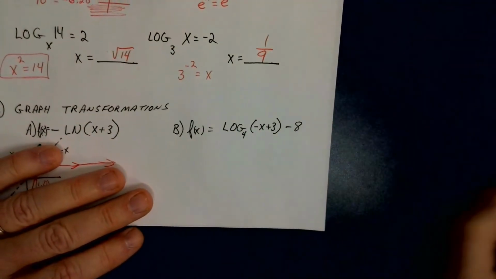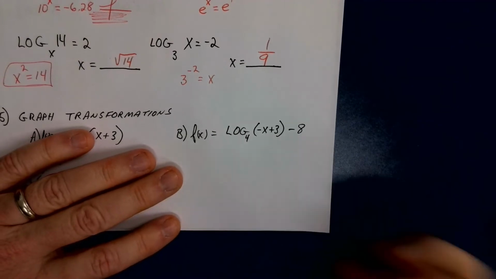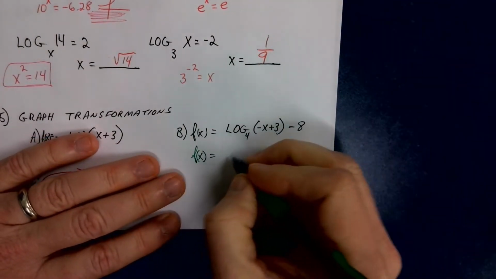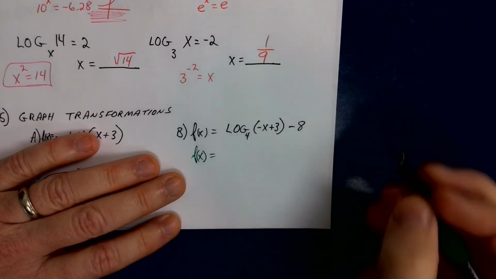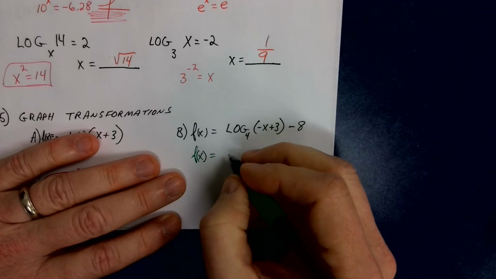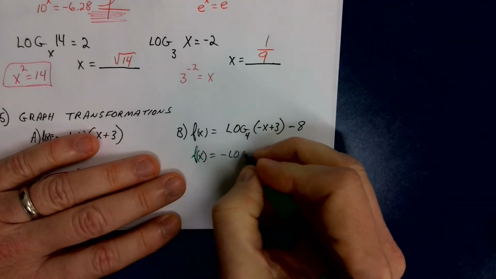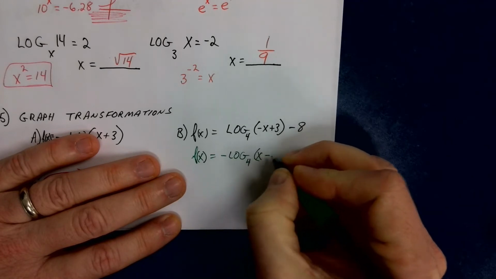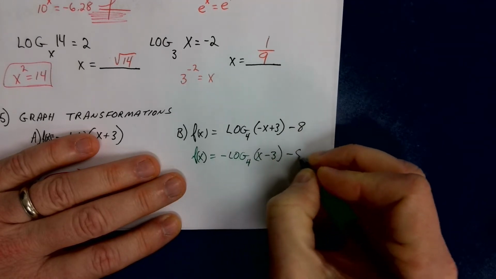Okay, so here's some algebra stuff that you've got to pay attention to. This is really like this. I'm going to factor a negative out of this, and it will look just like this: negative log base 4 of x minus 3, minus 8.